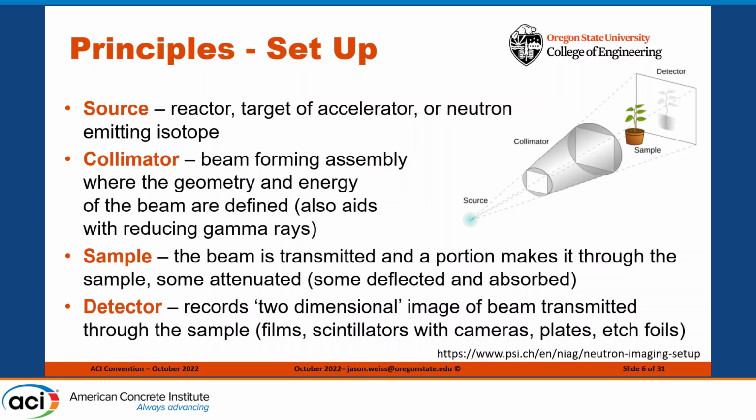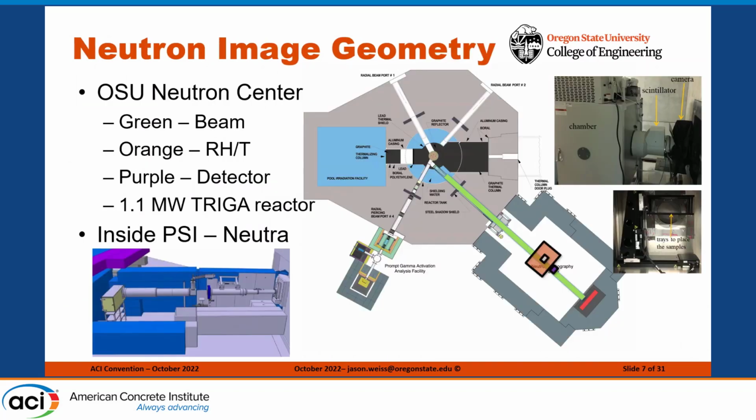That goes in and interacts with the sample. Here the sample in this particular image is a plant. We're going to do something more exciting and talk about a concrete sample, but the basic idea is that the beam interacts with that, and then it interacts with the detector. We'll commonly say that this is a picture, but it's actually a detector, detecting the neutron beam that has made it through the sample.